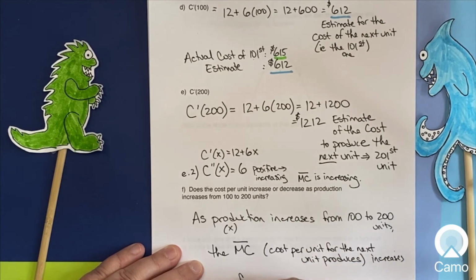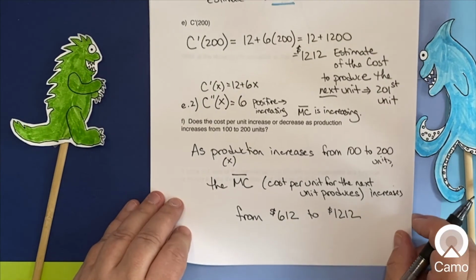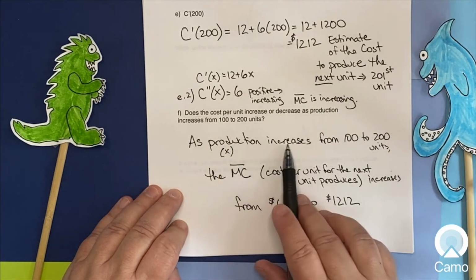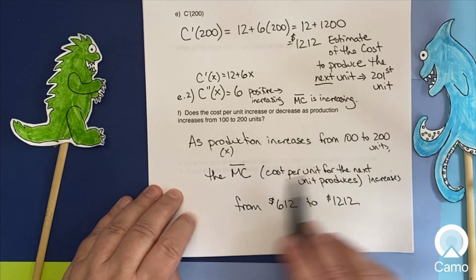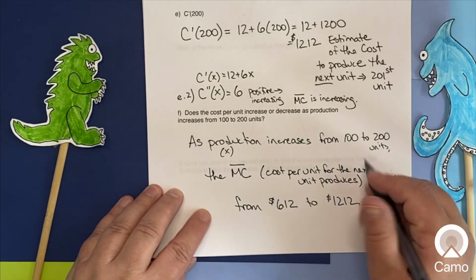Here I'm writing and you can't even see it. As production, which is X, increases from 100 to 200 units, the marginal cost, this is the cost per unit for the next unit produced, increases from $612 to $1,212. And these are approximations for the cost per unit. So the cost per unit increases.